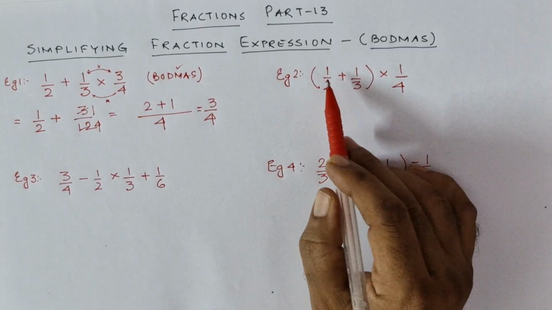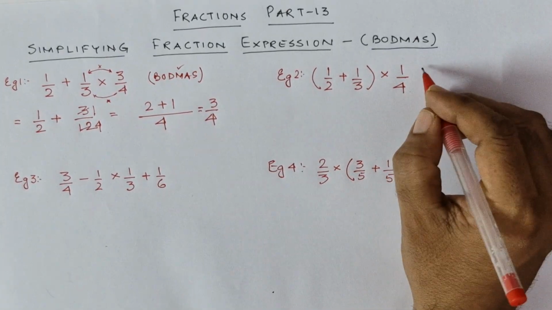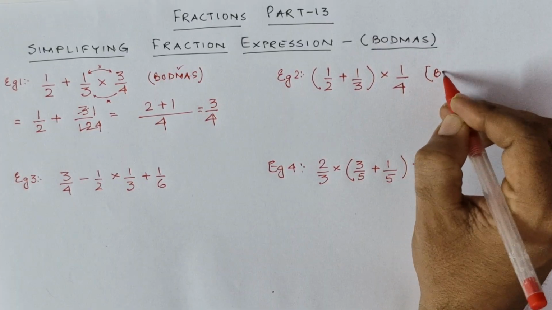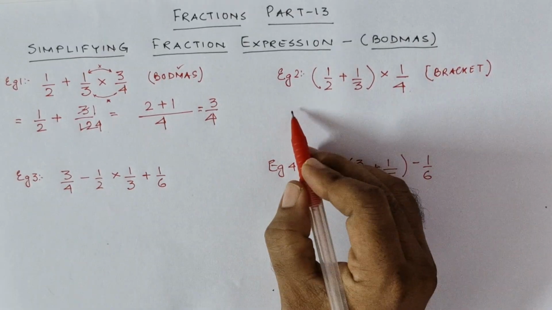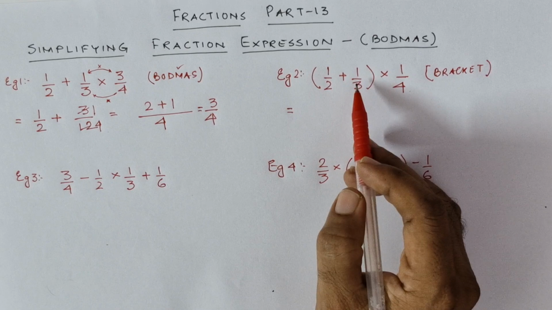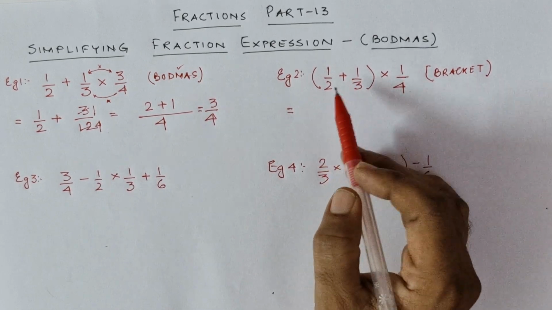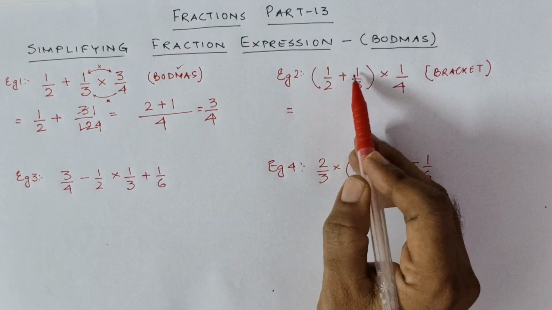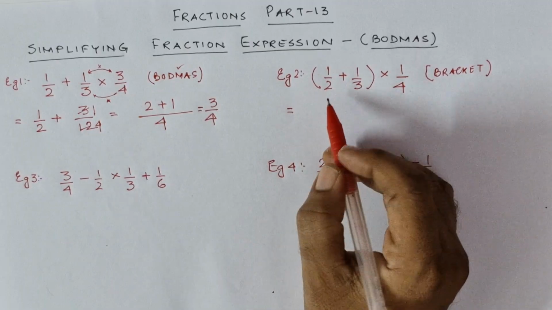See, in the bracket, 1/2 plus 1/3, into 1/4. So we need to solve the bracket first. While solving the bracket, 1/2 plus 1/3, as I have told you in the earlier lectures, use the butterfly trick. See, 3 into 1 plus 2 into 1, divided by 2 into 3. Got it?